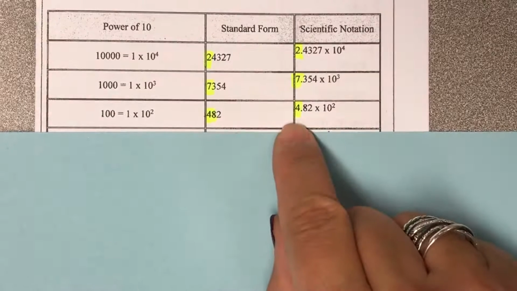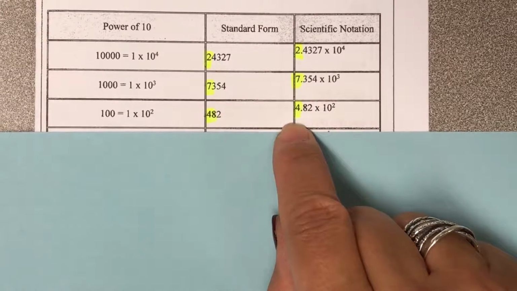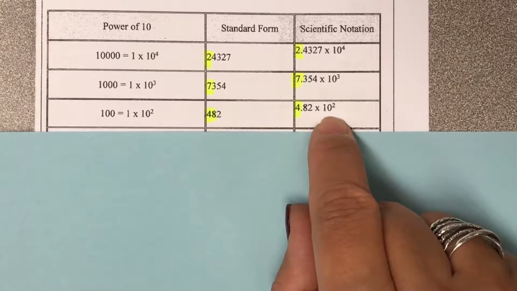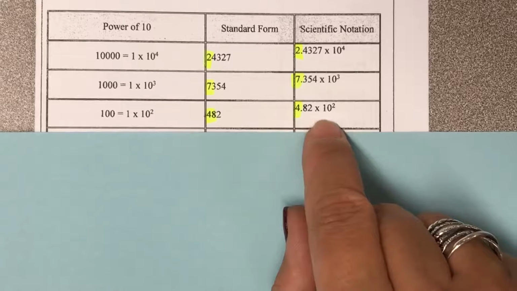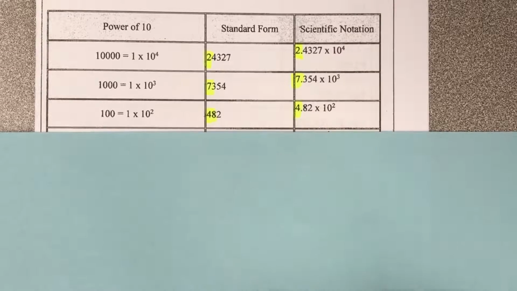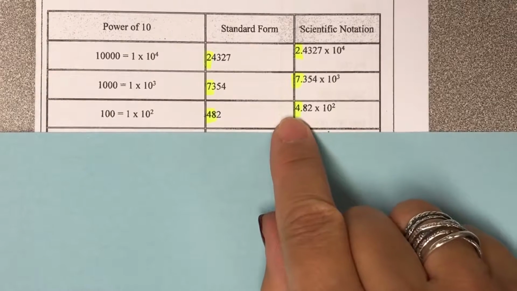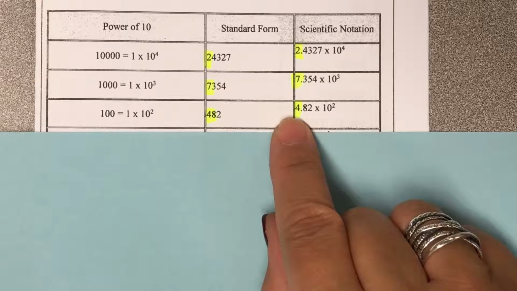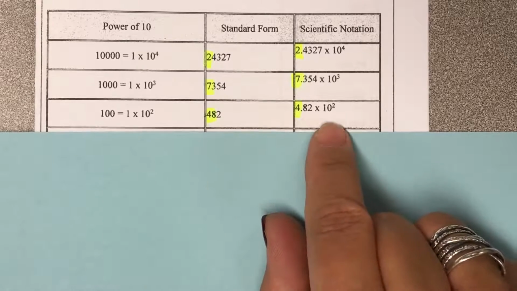So 4 is a number between 1 and 9 times the power of 10, which represents 100. 4 times 100 is 400. 482 to be exact, but in scientific notation, the significance is the digit between 1 and 9 multiplied by the power of 10.